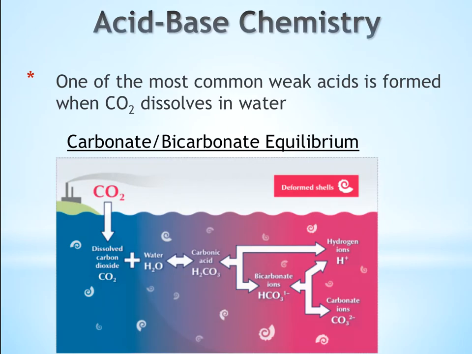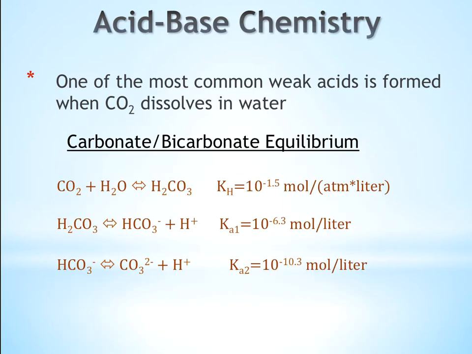So when CO2 dissolves in water, we end up with the carbonate-bicarbonate equilibrium system of equations. You may have seen a figure like this in some of your previous classes when they talk about ocean acidification. This is a simplified diagram of what goes on. What's a little more complicated is this series of equations.